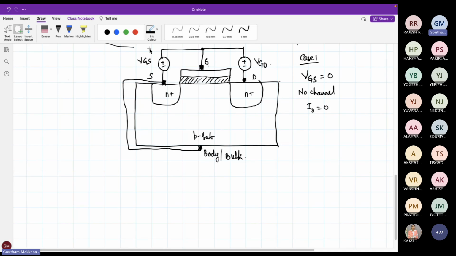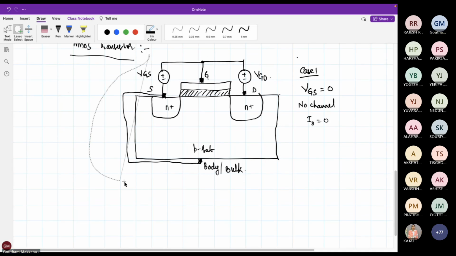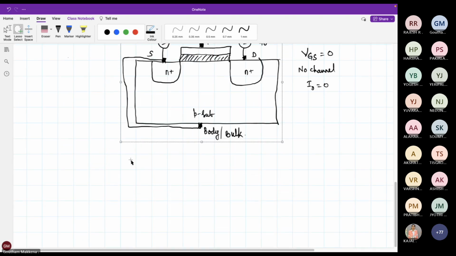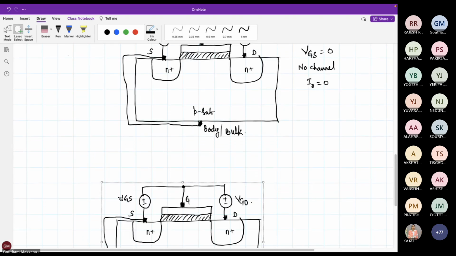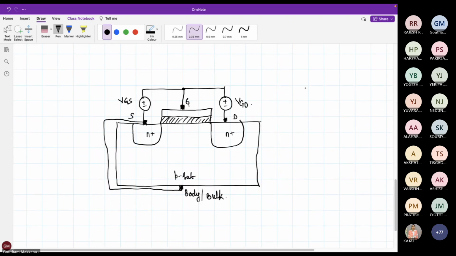Let me copy paste this one. Case 2: VGS is greater than VTH, and VGD is equal to VGS.